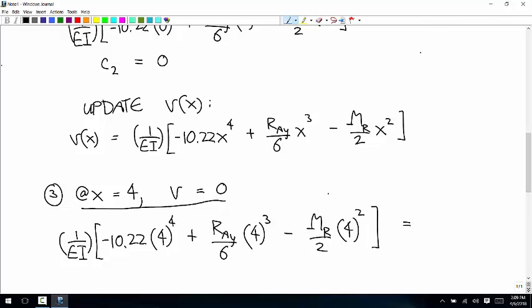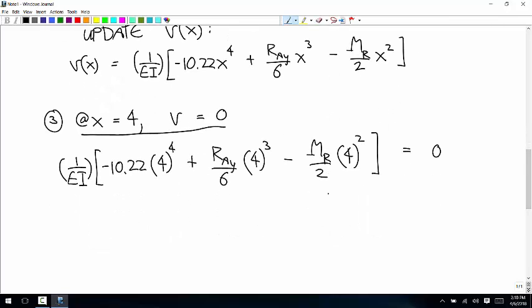And all that has to be equal to 0. You can multiply both sides by EI.